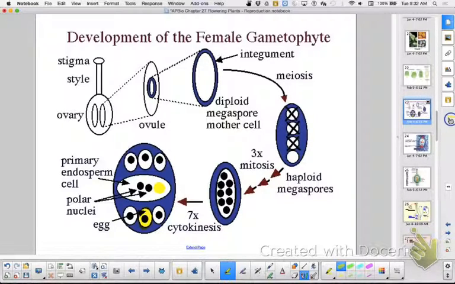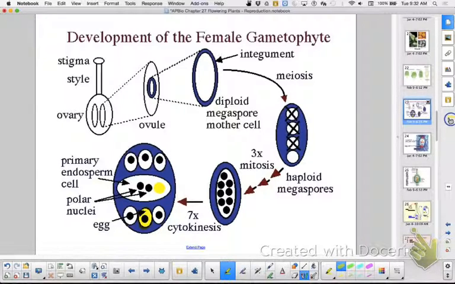So it goes ovary and then what? Ovule, and then within that ovule, a megaspore mother cell undergoes meiosis to produce 4 megaspores. How many of the megaspores will go on to the next step? 1. One of the megaspores becomes the embryo sac. And then I gave you the little reminder there.